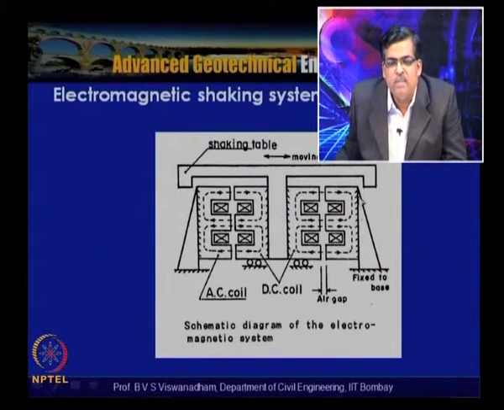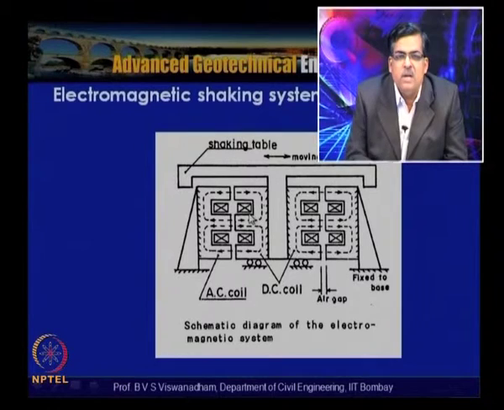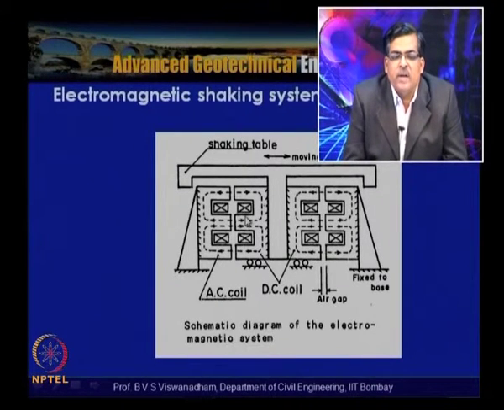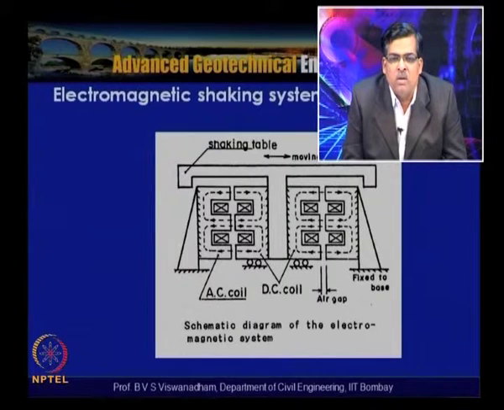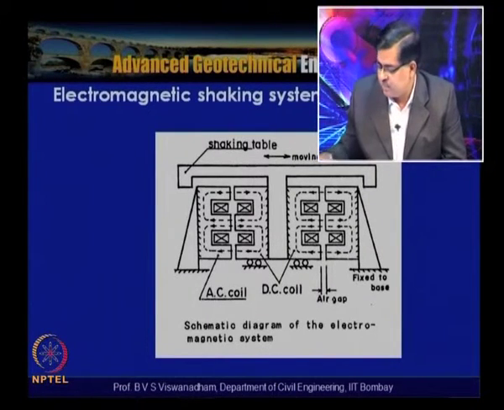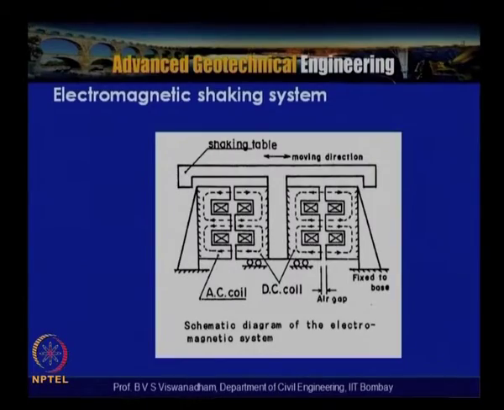But one demerit of this electromagnetic shaking system is that the self weight of the system is very high. That means you cannot take large models, because the payload which can be mounted on the shaking table will be limited, and the broad range of frequencies is also limited.